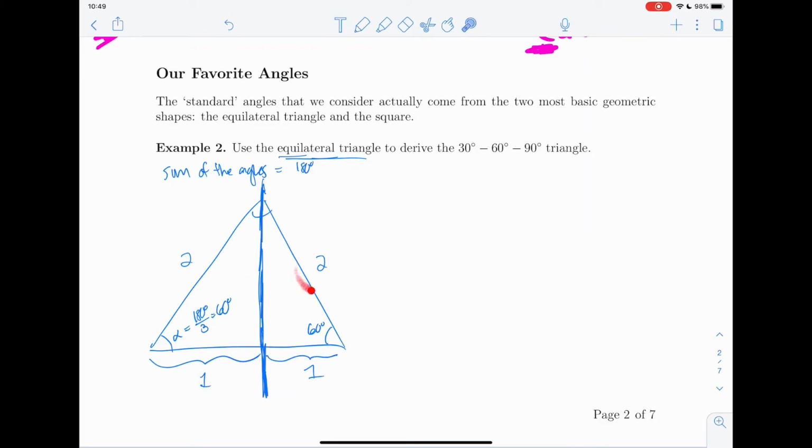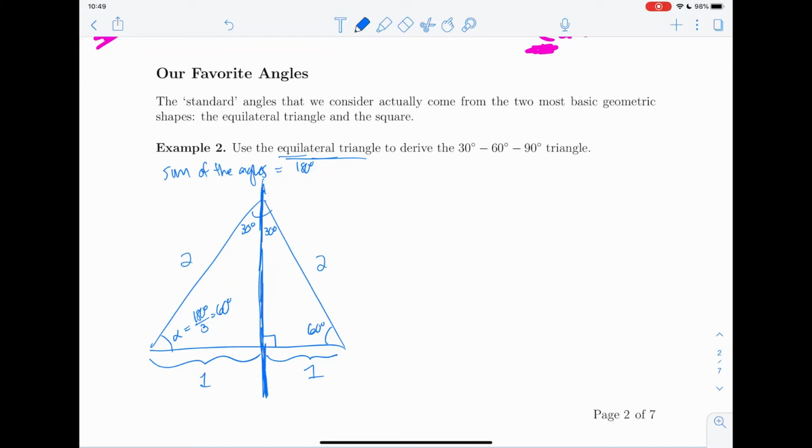The hypotenuse to the right here is still a 2, but the angle up here, which was a 60, just got cut into 2 pieces, and those pieces are each going to be 30 degrees. Since we cut this triangle in half and built a perpendicular altitude, this angle right here is going to be 90.